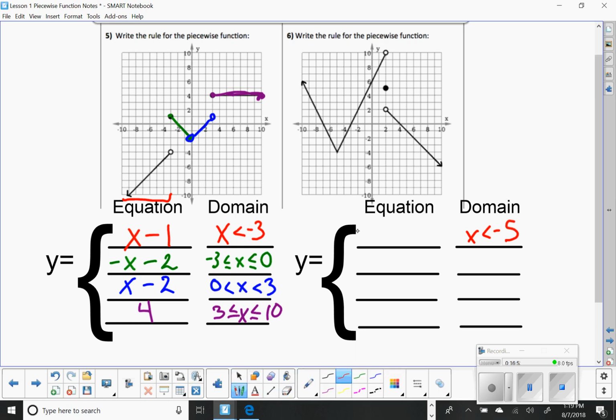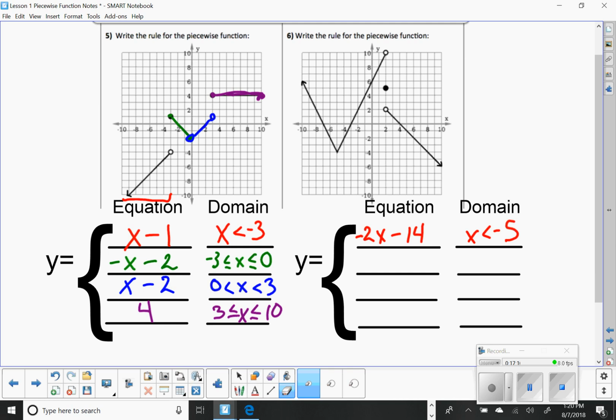This line has a slope of -2, and going to be at -12, -14. There's the equation for the line.